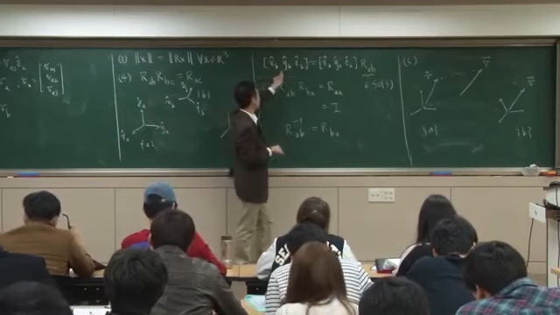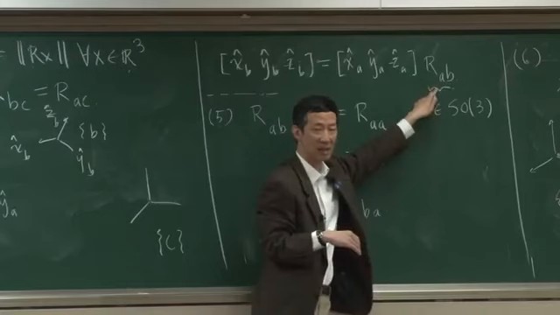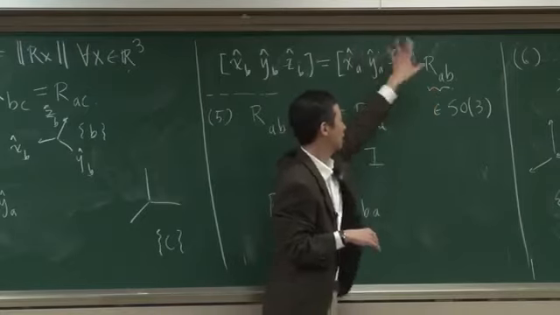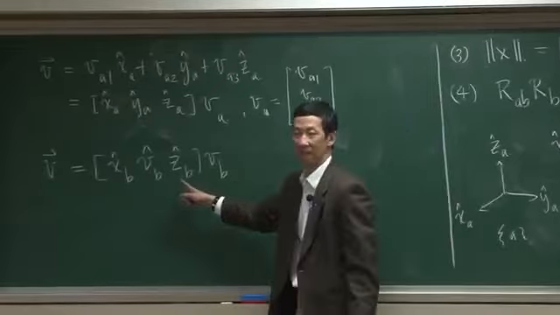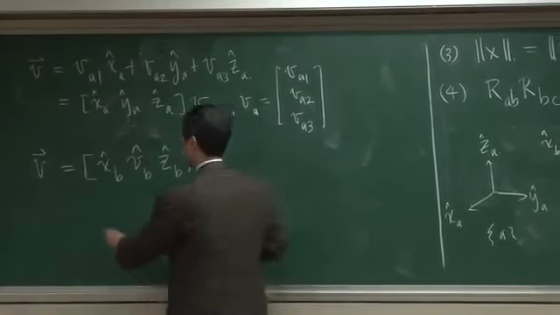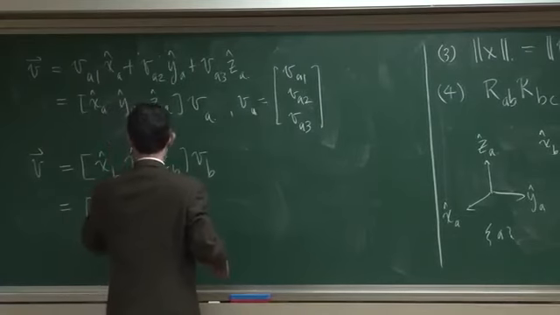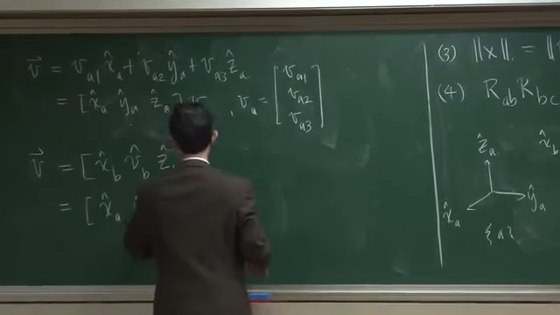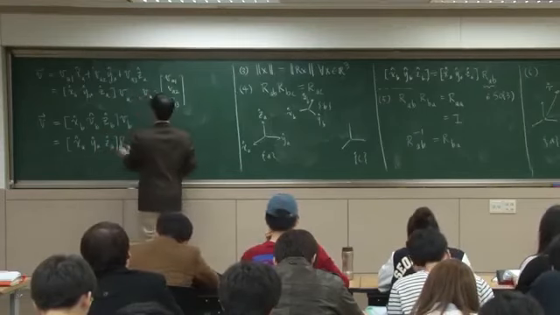I see that XB, YB, ZB is equal to this. So let's substitute it in here and see what we get. This is equal to XA, YA, ZA times RAB times VB.